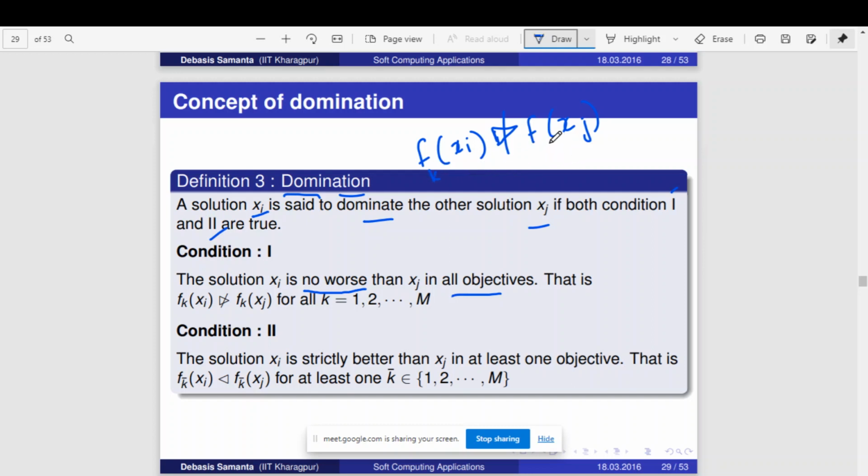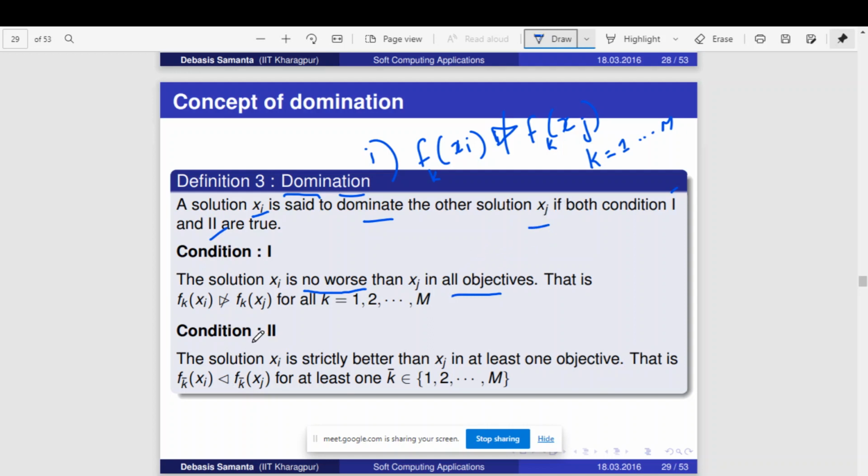We can call this fk, as there are different objective functions. We have many objective functions, so k is equal to 1 to m if you have m functions. This is the first condition. The first condition says that xi should not be worse than xj for all objective functions.